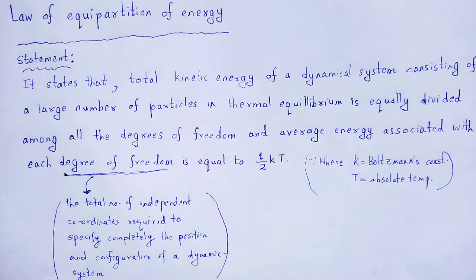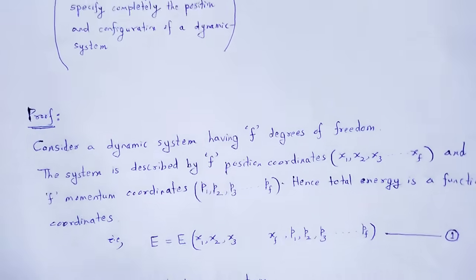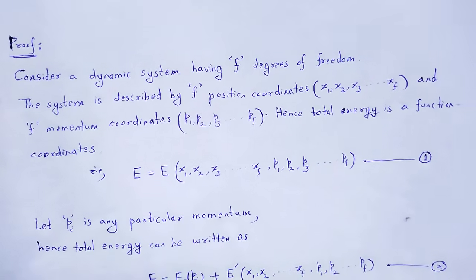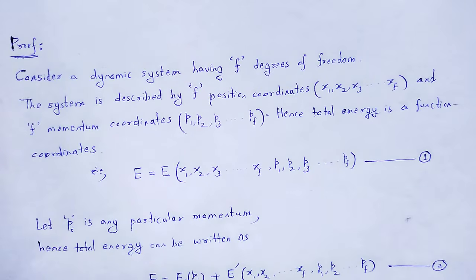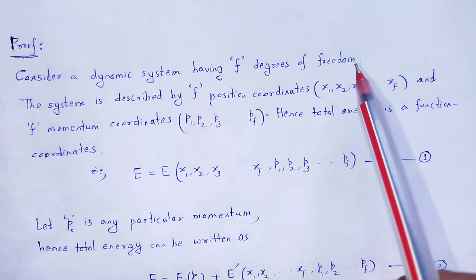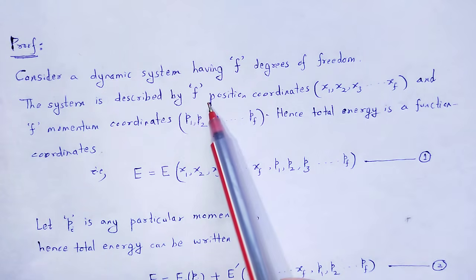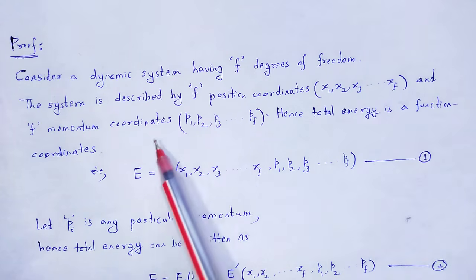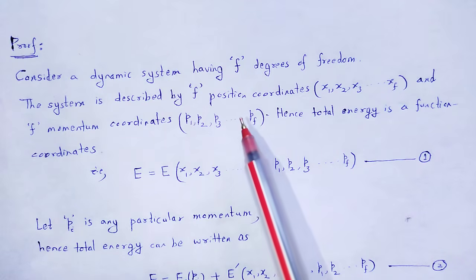Now we can prove it. Let me consider a dynamic system that has f degrees of freedom. Therefore it has f position coordinates and f momentum coordinates.